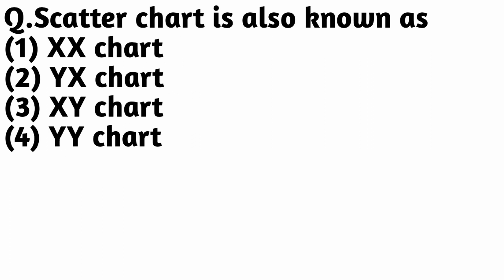Next question. Scatter chart is also known as option 1 XX chart, 2 YX chart, 3 XY chart, and 4 YY chart. The correct answer is option 3 XY chart.